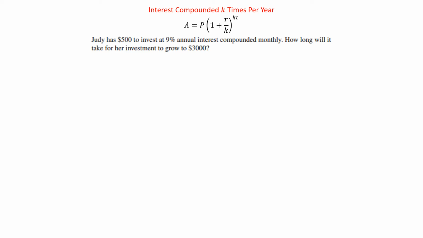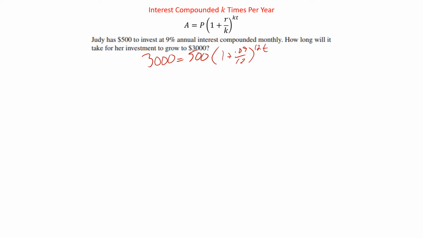So the amount A is going to be $3,000. That's what we're looking for. It is going to equal $500 times 1 plus 0.09 over 12 to the 12t. We've done problems like this already. We did them in the last section.